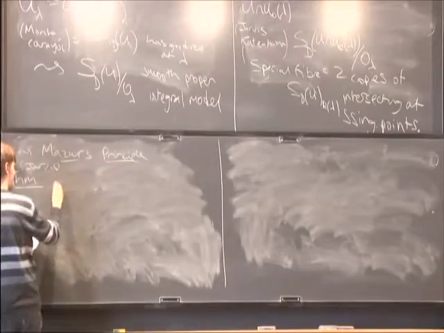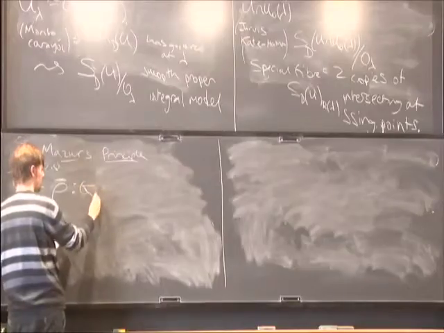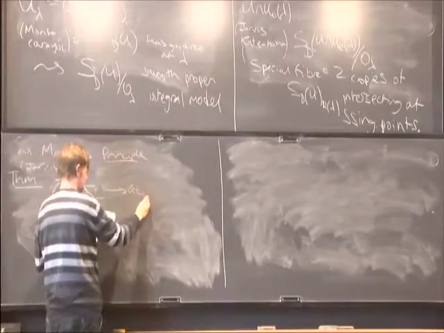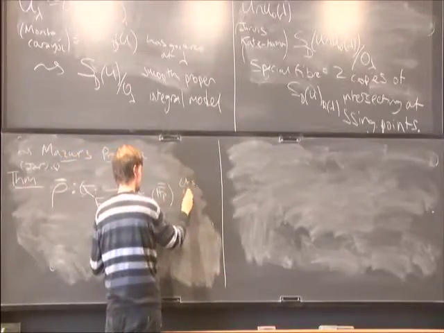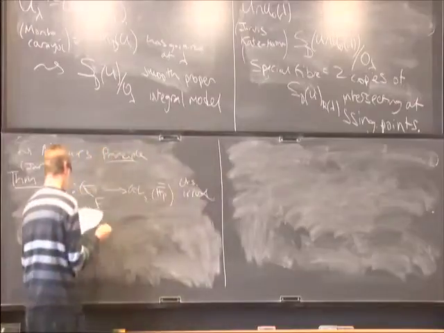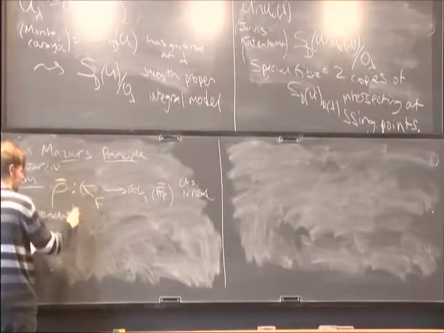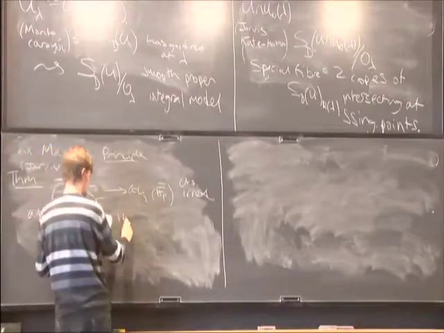Suppose you have a continuous irreducible mod p Galois representation rho bar from the absolute Galois group of F, which I'll call GF, to GL2 of F p bar. It's going to be continuously irreducible. And suppose it's the residual representation of a Galois representation attached to a Hilbert modular form.